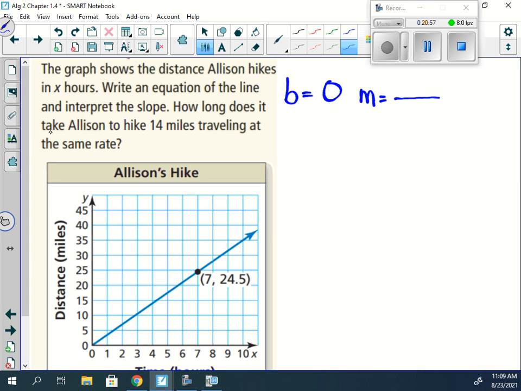Which kind of makes it nice for the slope, because any point along that line we can go rise over run and get it there. So how far did we go up? 24 and a half. And we went over. Now, we don't like it in this form here because we don't do decimals and fractions.